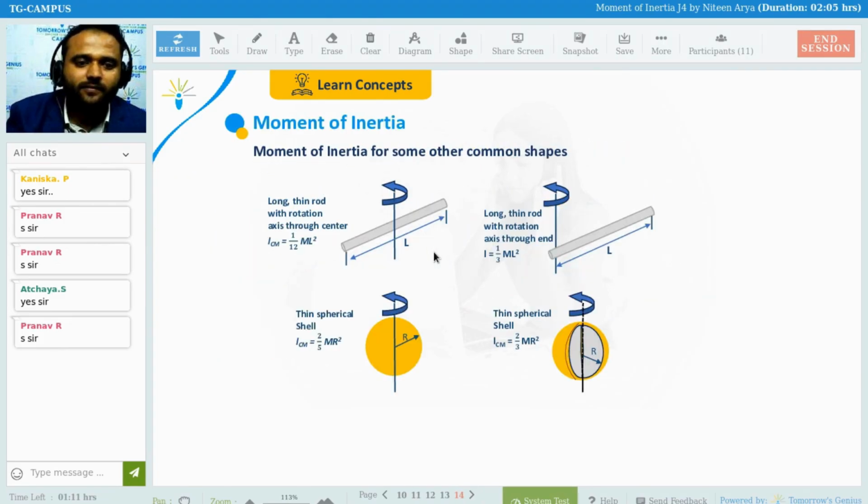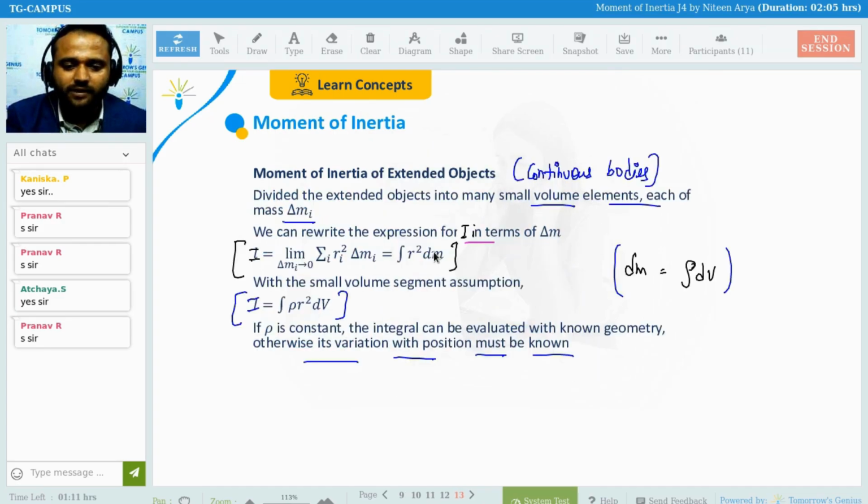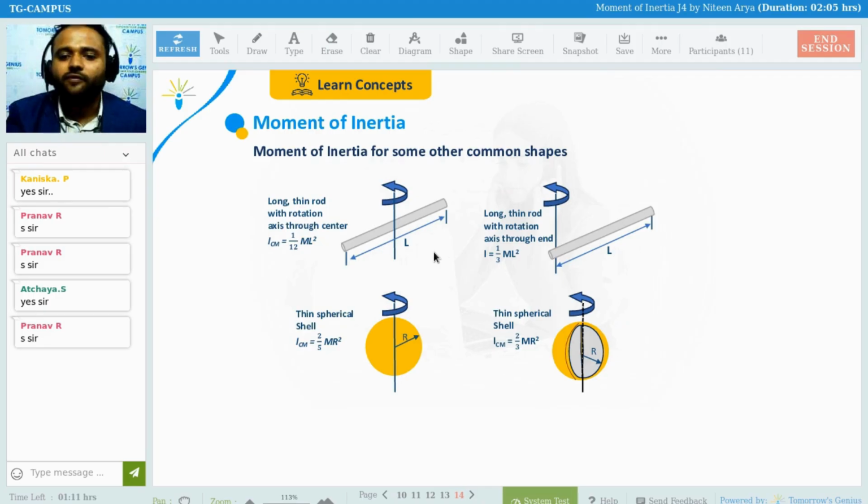If you know how to find these, good; if you don't, that's good too. You don't need to worry, the derivations of these are not going to come in the exam, but I am going to derive at least two to three of them. Clear, everyone?